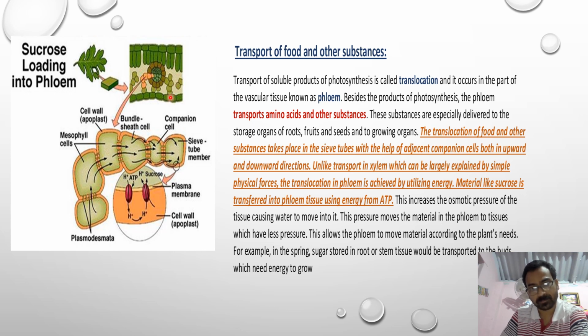Here we can see where there is a higher concentration of sugar, they are designated as source cells, and where there is a lower concentration of sugar, they are considered sink cells. We will have to remember this terminology, source and sink, that we are going to learn in the next slide also. So source and sink relation helps in the transfer of sugar from one place to another.